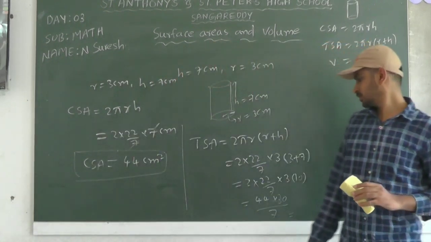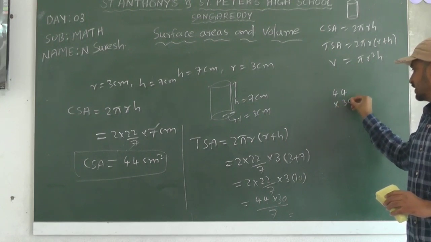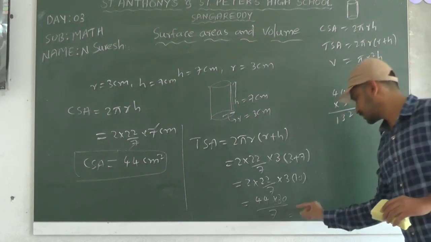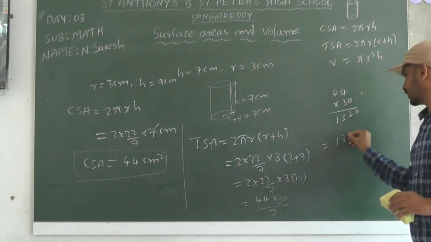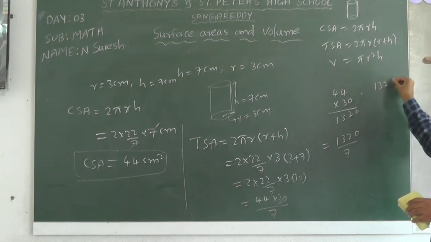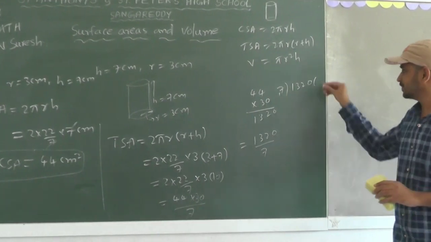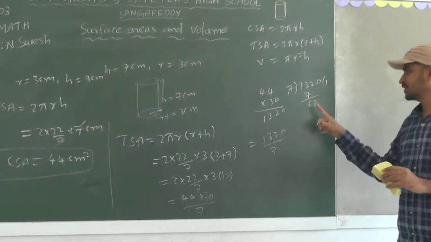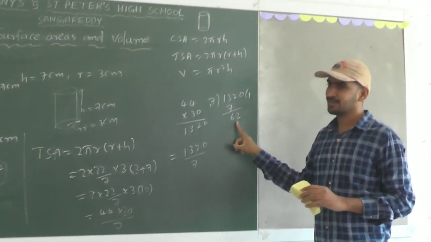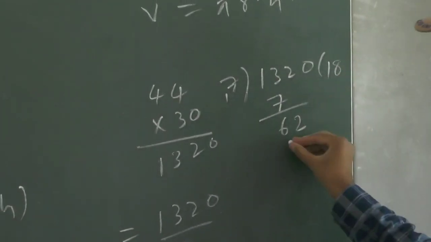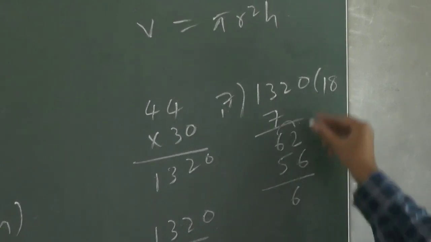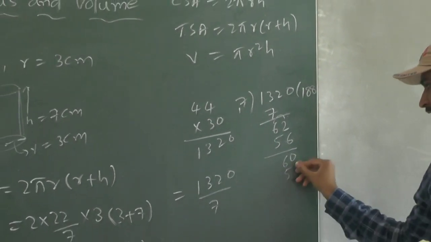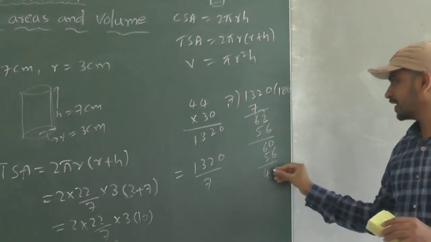So 44 into 30 over 7. We can simplify this. 44 into 30 is 1320 by 7. Dividing by 7, we can take 1 time, 7 ones are 7, remainder 6, then 62. 7 nines are 63, we can't take, so 7 eights are 56. Then 60, again 7 eights are 56. After the decimal point, we get 40.